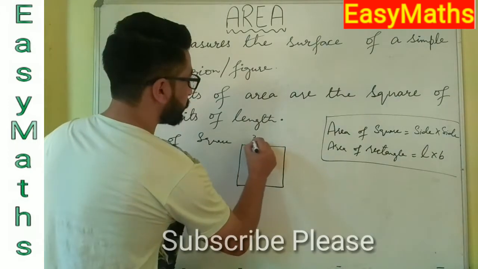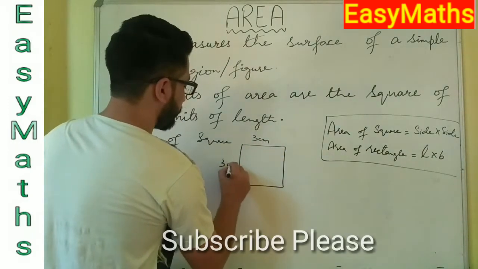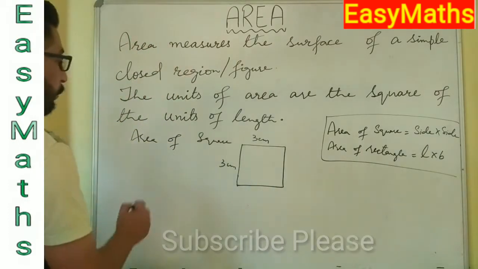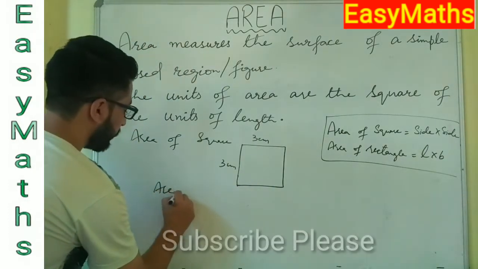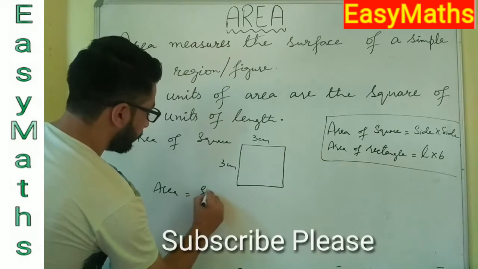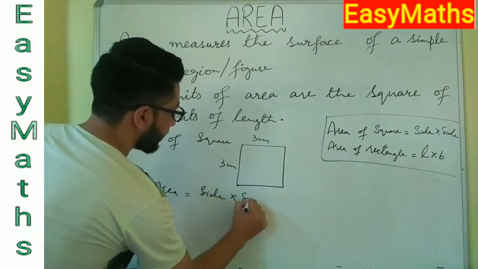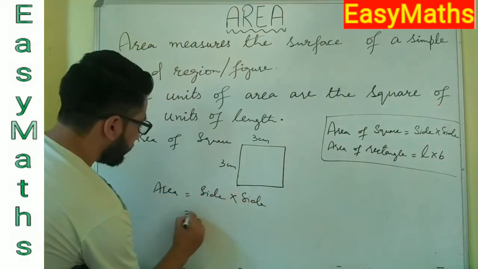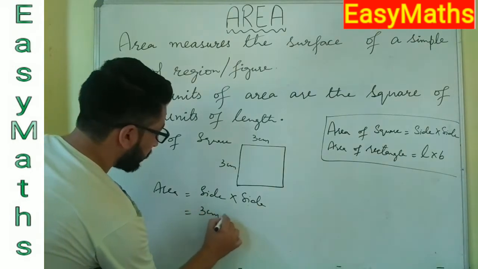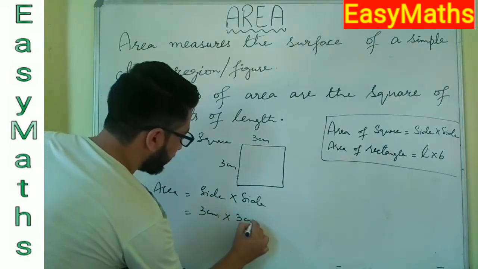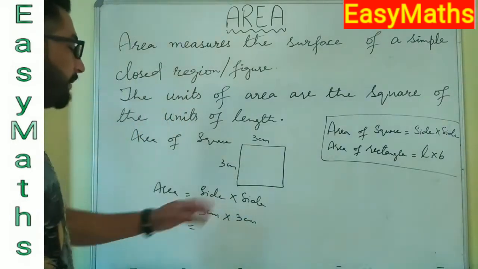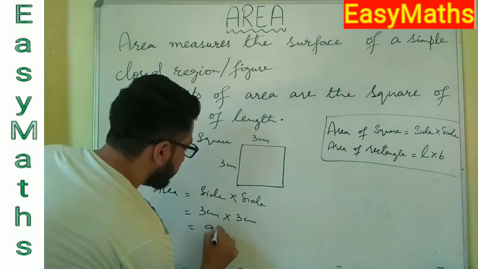Suppose we have got this square as 3 centimeter and 3 centimeter. So what will be the area of this? That is side multiplied by side. That means 3 centimeter multiplied by 3 centimeter. So 3 multiplied by 3 is 9.